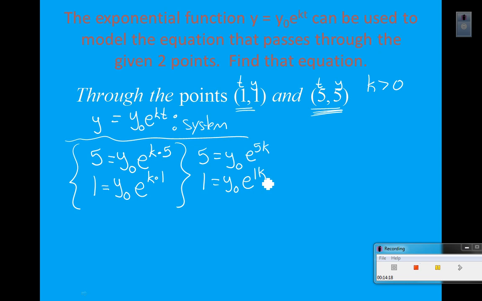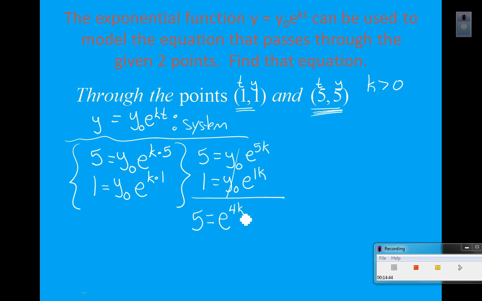To solve a system that's all multiplication like this, what you do is you divide. So let me come down here and solve this. 5 divided by 1 is 5, equal, I'll show you why, y sub 0 over y sub 0 cancels each other out, equal e to the, since we're dividing, we subtract our exponents, 4k.